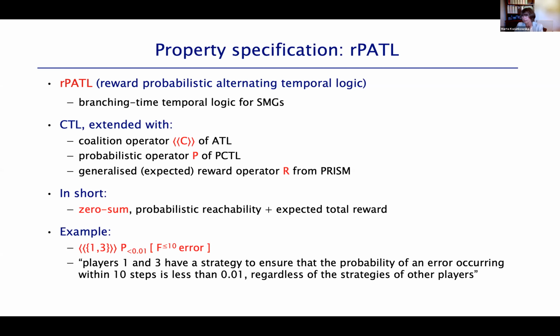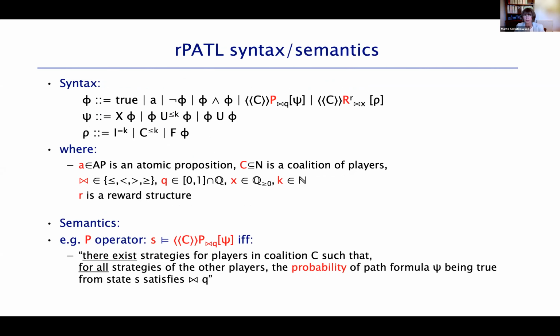So I have n players. Of these, I select 1 and 3, they form the coalition, and the remaining players are in the opposing coalition. So this is a zero-sum game. A win for one corresponds to a loss for the other coalition. But also you can get a hint that I can reduce the verification to just considering two-player games.